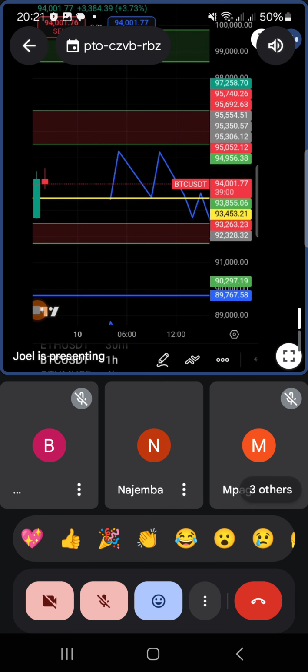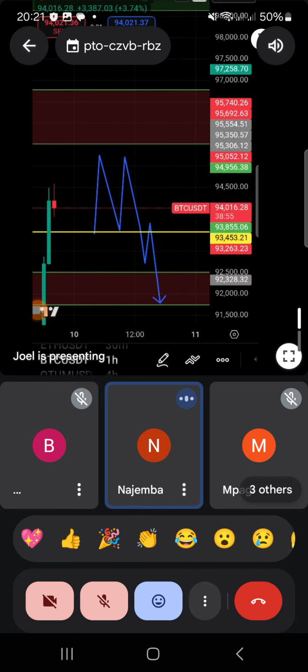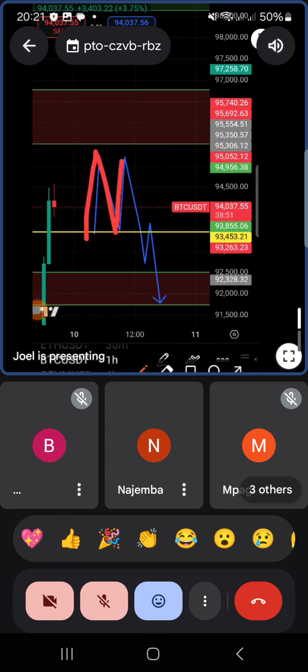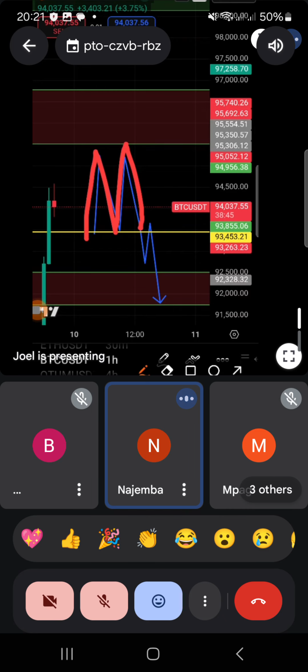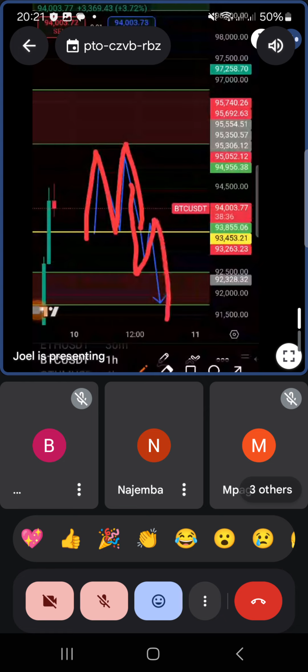In the double top scenario, like what we're seeing here, price will come up like this and form a neckline. See the yellow line? That is my neckline. And then I want price to break this neckline, come back to retest that neckline, and then go down.